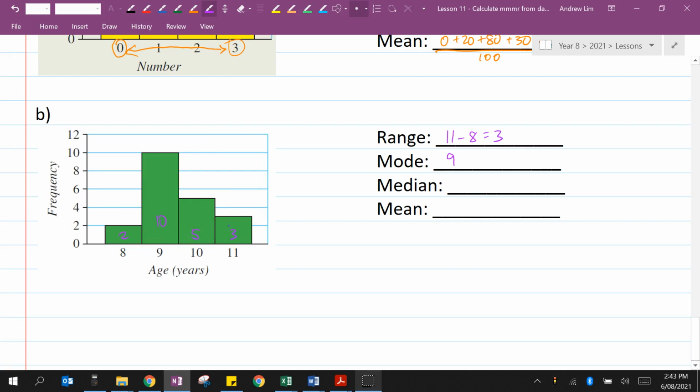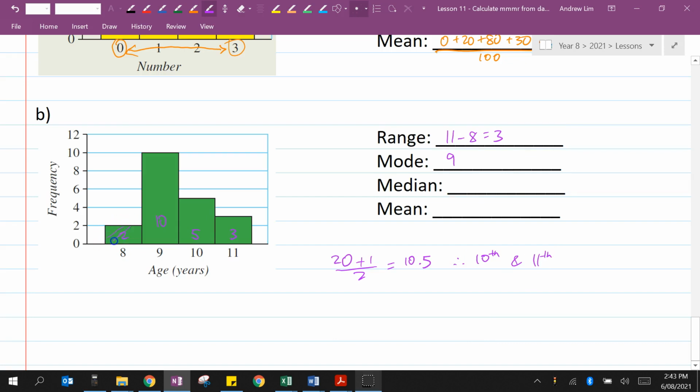So how many scores are there, or how many people are there? That's 12 plus 8 is 20. So 20 people plus 1 divided by 2 equals 10.5. So I'm looking for the 10th and the 11th person. I want to know how old those 2 people are.